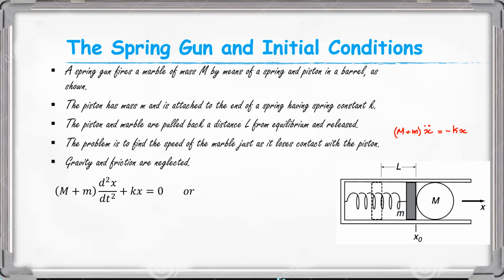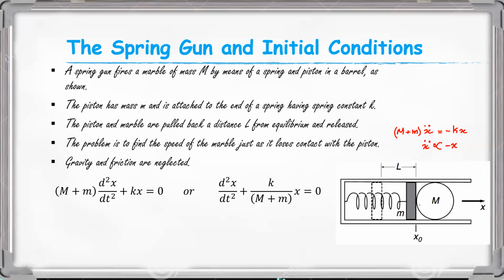Dividing the equation throughout by m plus M, we write d square x by dt square plus k by (m plus M) into x is equal to 0. Looking at the equation, it is clear that the acceleration x double dot is proportional to minus x, so it is a simple harmonic motion.